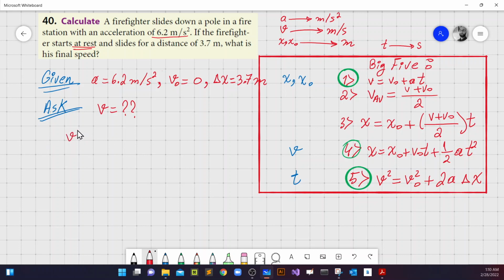So we're gonna apply the fifth equation: v squared equals v0 squared plus 2a delta x.